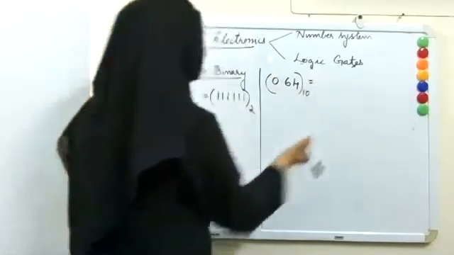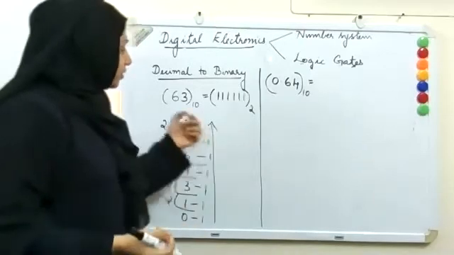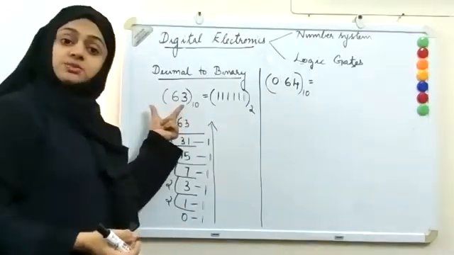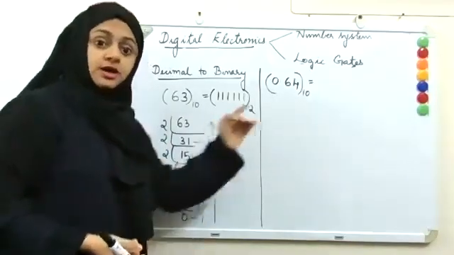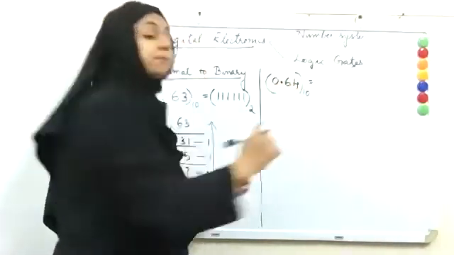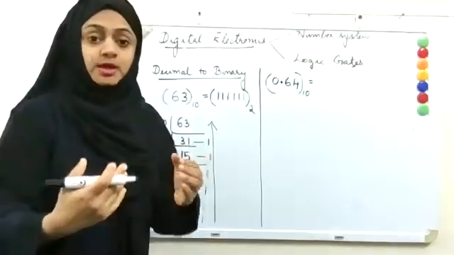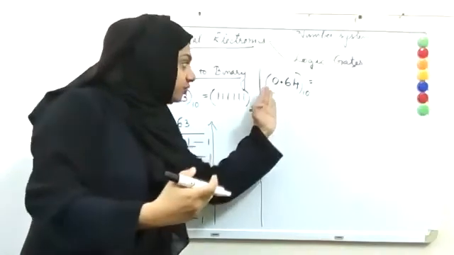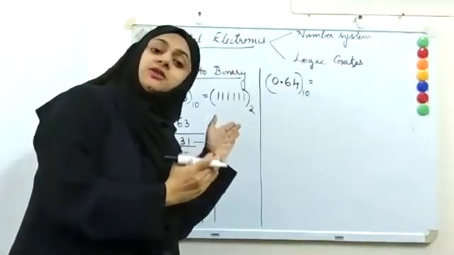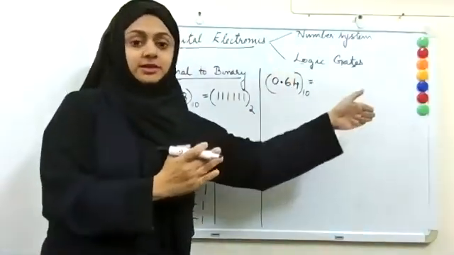So how will we convert? Now, to convert before the decimal point, we divided successively with 2. Here, you have to multiply with 2, and whatever comes before the decimal, only reserve that for the binary number.